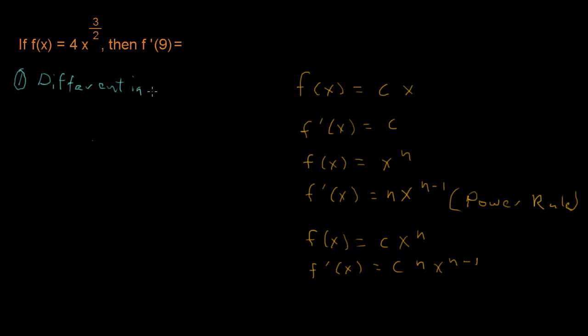What is the derivative of our function? f prime of x is equal to, from what we've just reviewed, you would tell me, just that constant 4, and then times, you take the 3/2 and multiply it times x, and then decrement that 3/2 by 1.